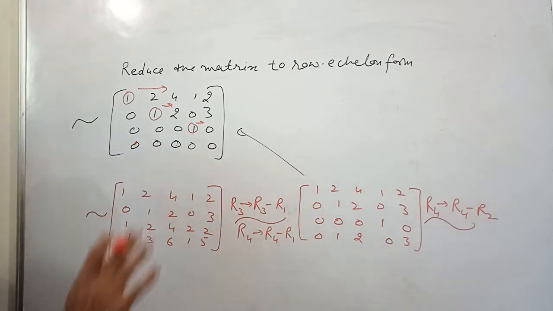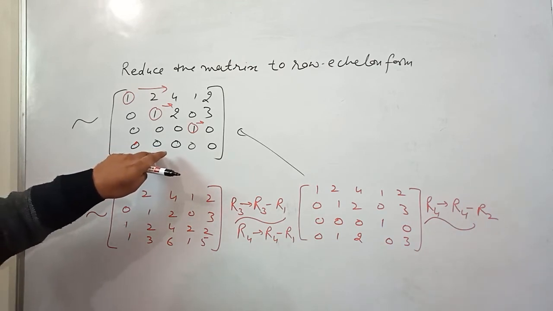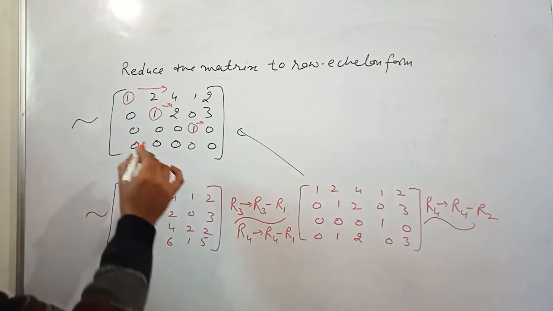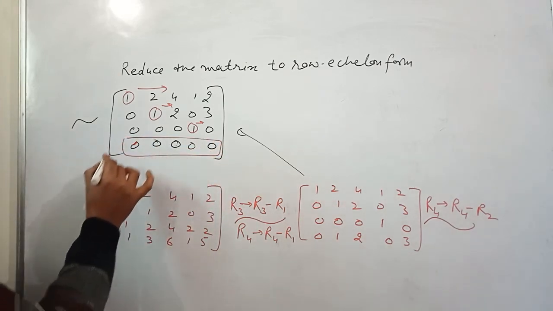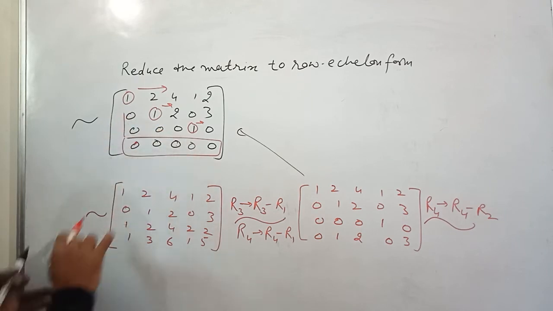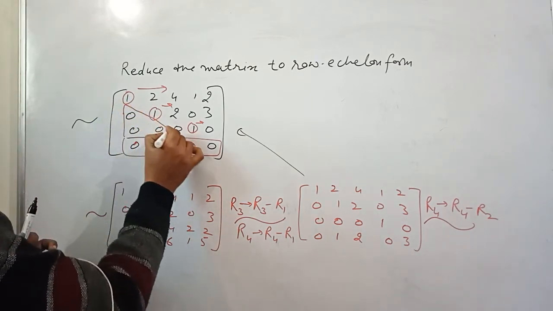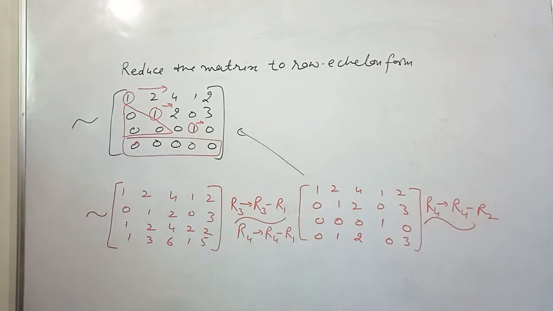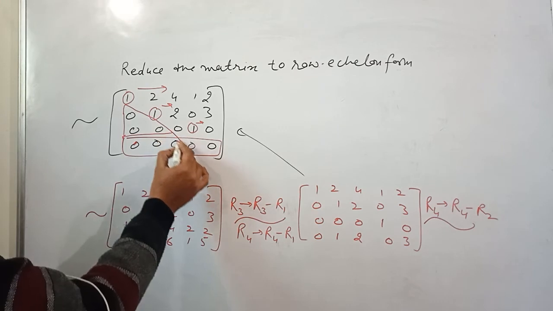If there is a row consisting of all zeros, that must be at the bottom. And this is upper triangular form. You can see it here also.